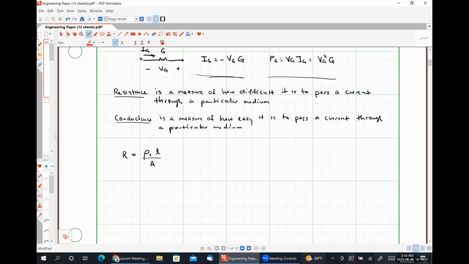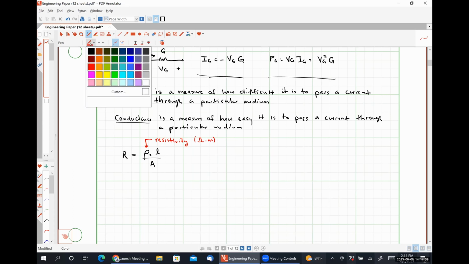So this rho sub E is what's known as the resistivity of the object, and it is a material property. This resistivity is measured in ohm meters.